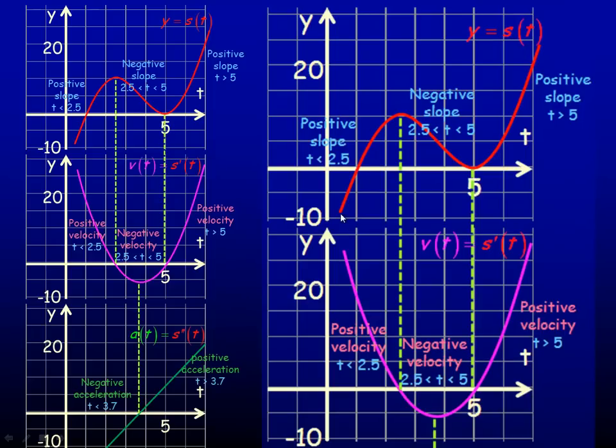In displacement here, notice that all the way along here, any tangent lines would have a positive slope. And remember, the rate of change of displacement is velocity. So positive slopes all the way along here. And so that's why in the velocity graph, the value is positive all the way along here.